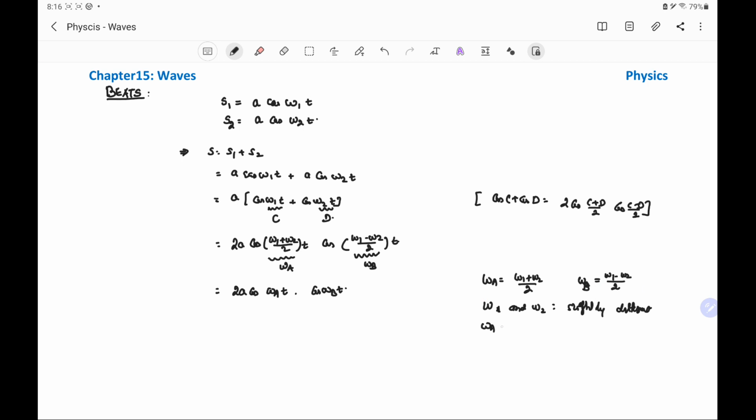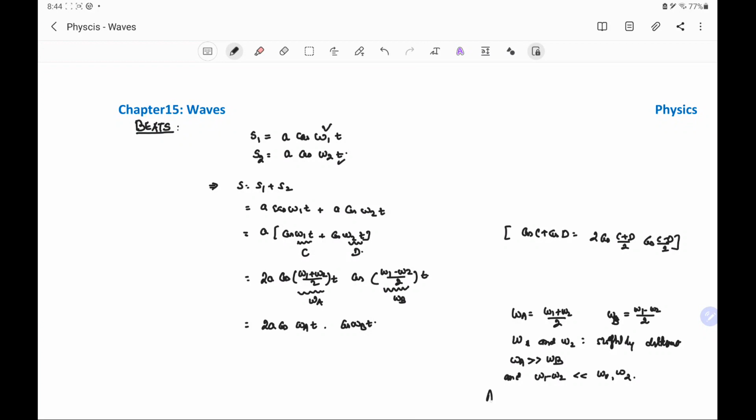So we can say omega a is much greater than omega b, and omega 1 minus omega 2, the difference of the frequencies, will be much less than the individual frequencies. Also, omega a is (omega 1 plus omega 2) by 2, and because omega 1 and omega 2 are slightly different, it is approximately equal to omega 1 or omega 2.